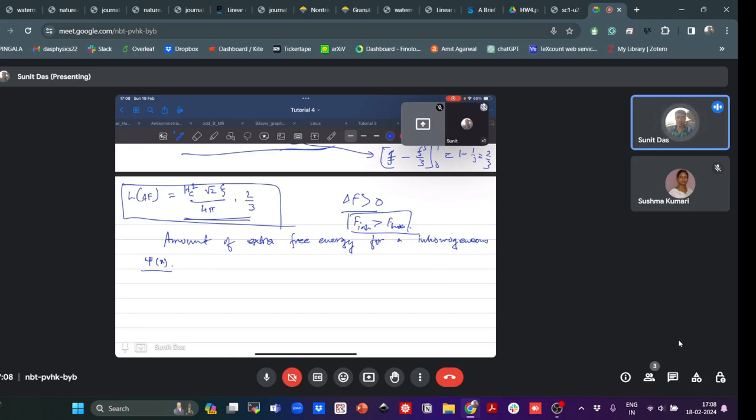Okay, so next problem is on, there may be a question which may ask that calculate the extra amount of Gibbs free energy which is there in a superconductor than a normal state.